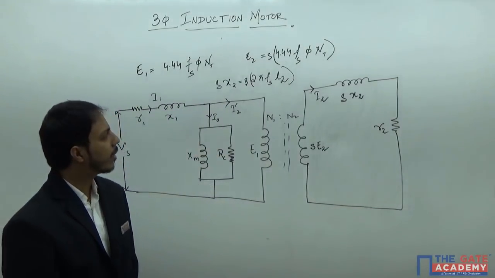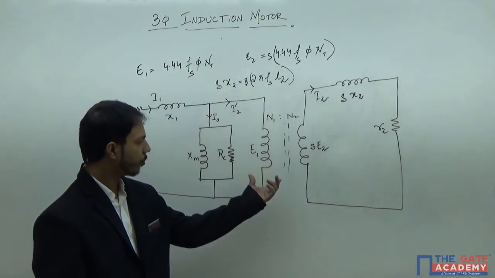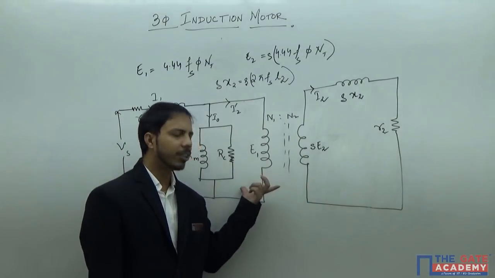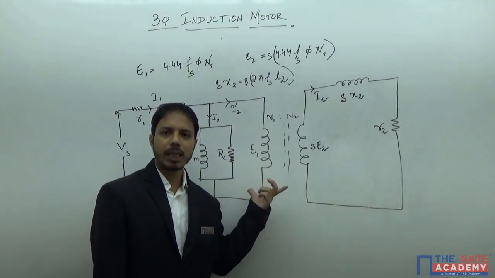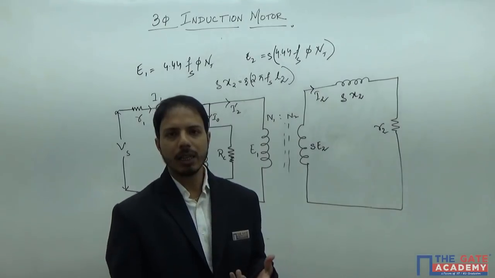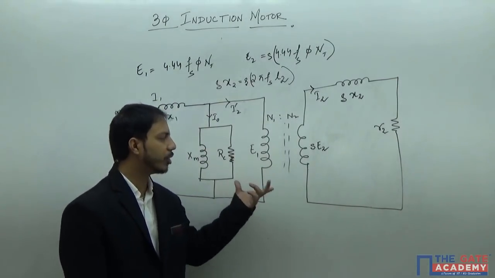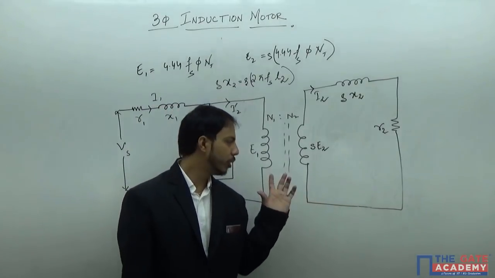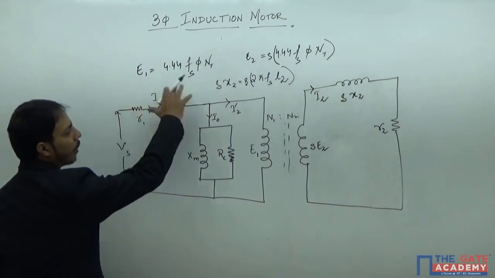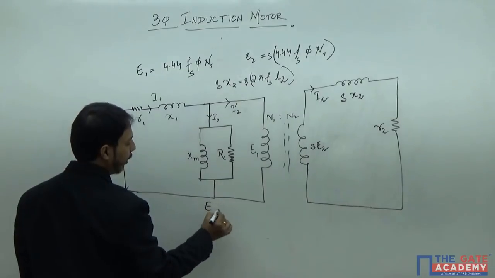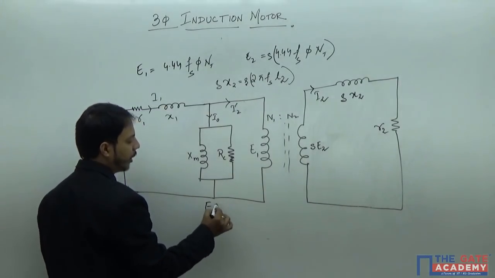Now you see in the transformer, on both sides the frequency was the same, and there was no mechanical output. Electrical energy was there on both sides. But here, this stator side is electrical energy.